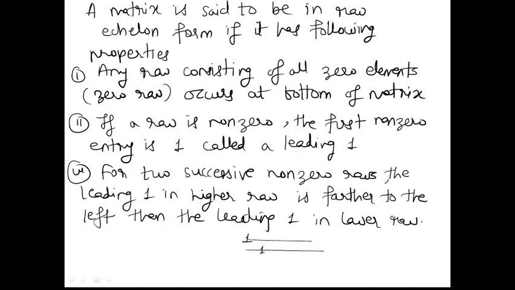So let's see some examples. In short, if I am asked to check whether a given matrix is in row Echelon form or not, I will first check whether it is an upper triangular matrix. After that, make sure that all 0 rows are at the bottom.